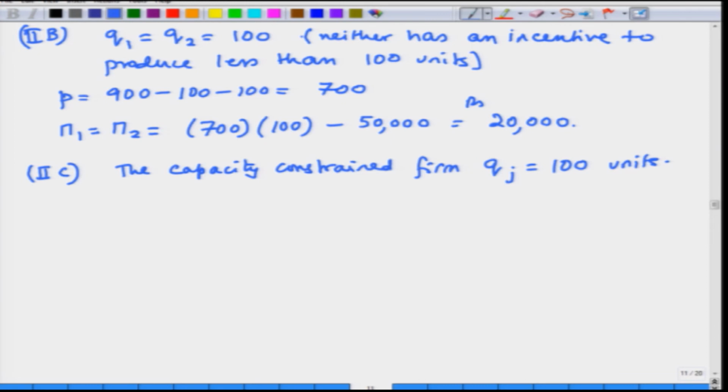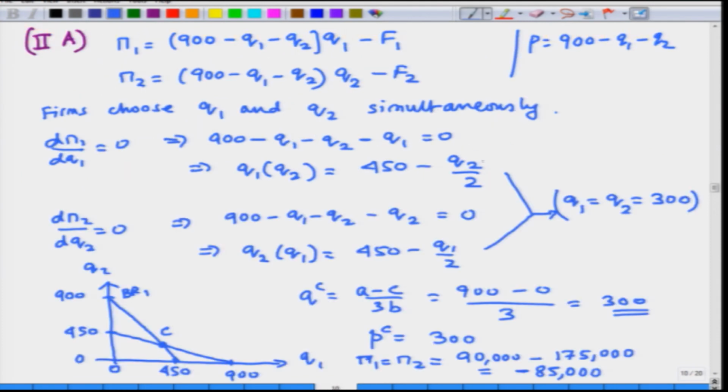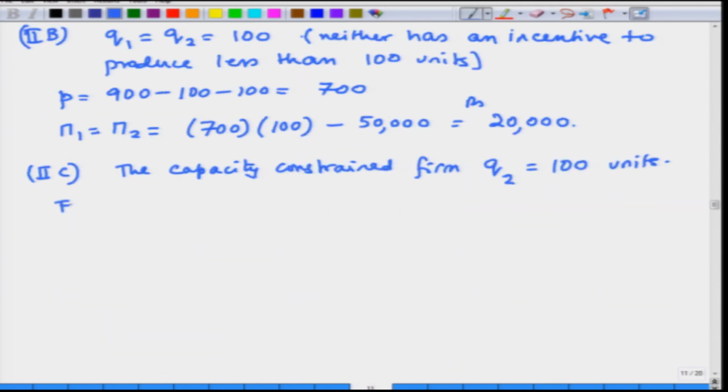Then what is the best response of the other firm? Notice that the best response functions have already been computed, because the post entry competition is Cournot. So, if firm 2 is producing 100 units, firm 1's best response is 450 minus 100 by 2, which is 400 units. So, firm 1's best response is to produce 400 units.